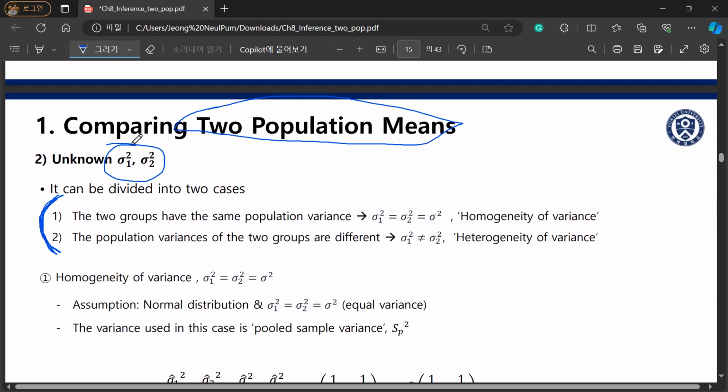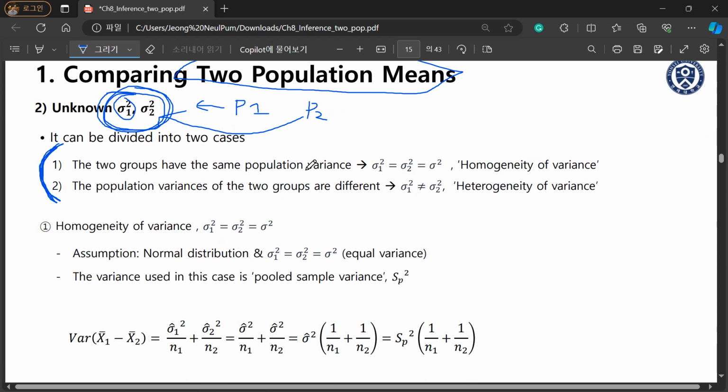There are always sigma squared 1 and sigma squared 2 from each population. So population 1 has the population variance 1, and population 2 also has the population variance 2, which is sigma squared 2.